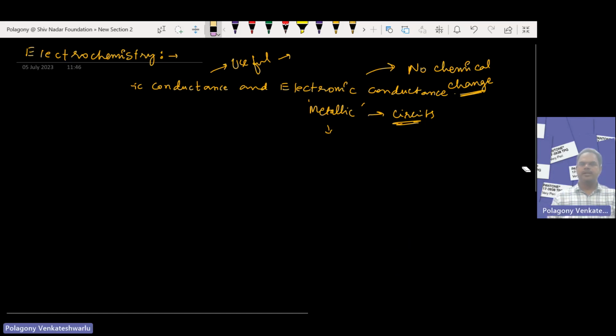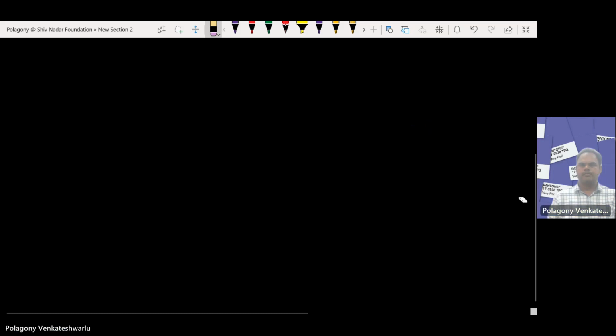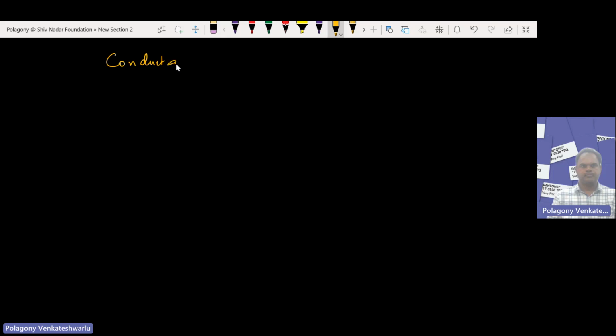If you want to understand conductance, the first thing to learn is that its symbol is G, and it is the reciprocal, or inverse, of resistance.